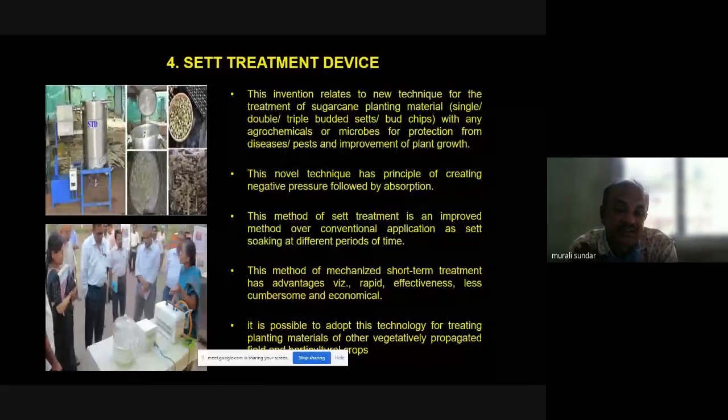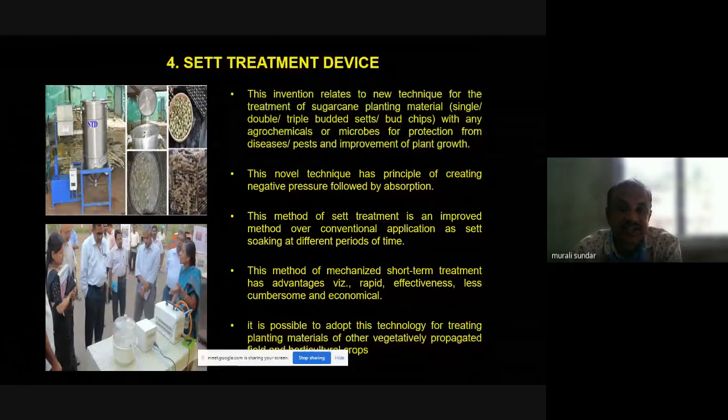The technology is already licensed to 2 firms, and they have started producing the set treatment device. Nevertheless, this can also be produced at small scale through incubation centers or startup centers, and they can easily promote it for most of the horticulture crops cultivated in the subtropical as well as temperate zones. So it's quite useful for treating seed material to avoid diseases.